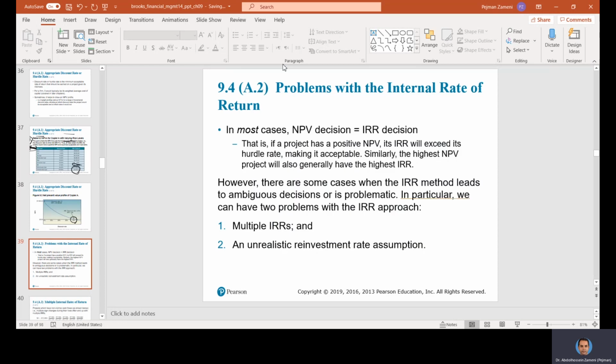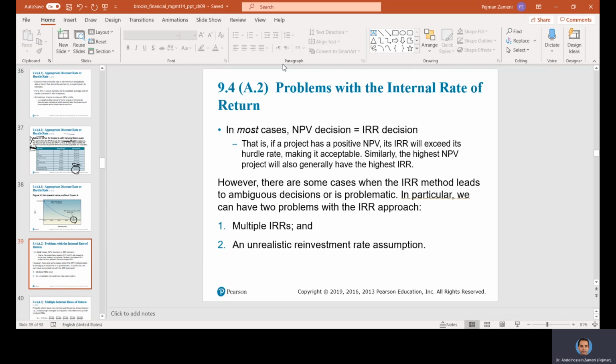Okay, problems with the internal rate of return. As we have already mentioned, no model is a perfect model. It has its own drawbacks and issues. In most cases, the NPV decision equals the IRR decision. That is, if a project has a positive NPV, its IRR will exceed its hurdle rate, making it acceptable.